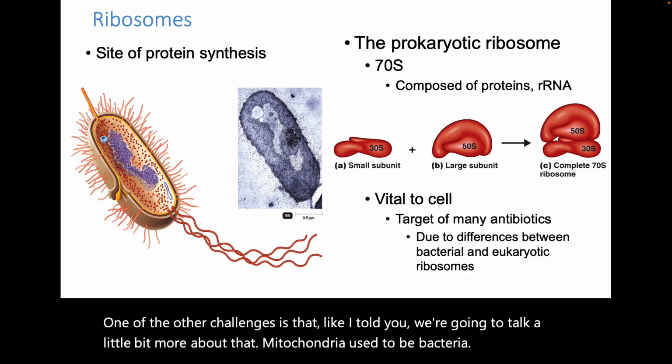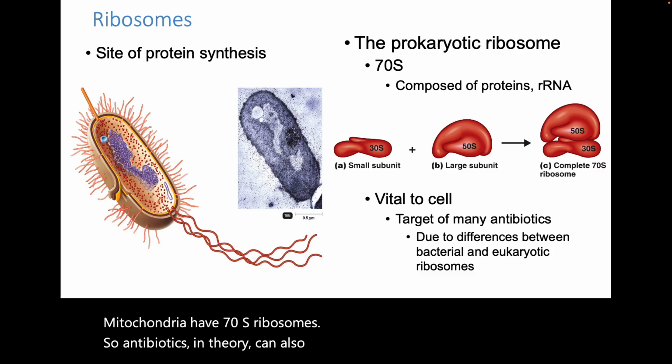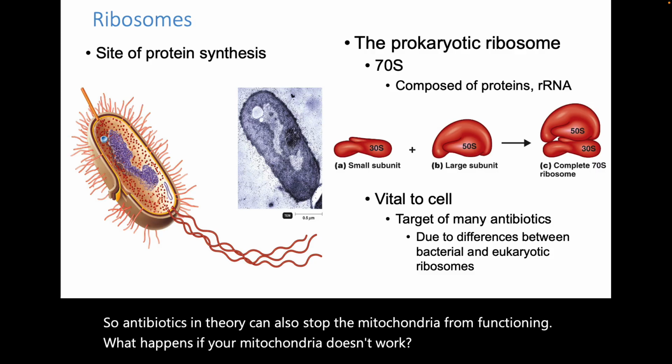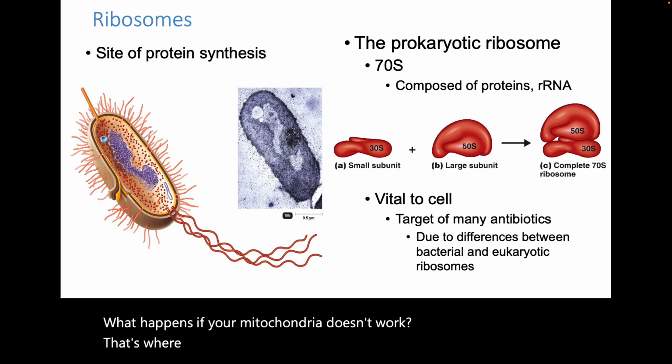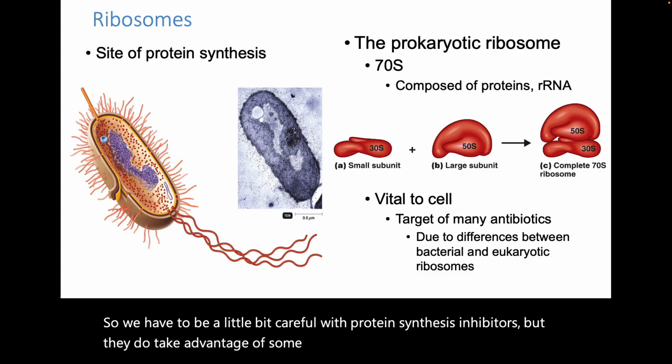Mitochondria have 70S ribosomes. So antibiotics, in theory, can also stop the mitochondria from functioning. What happens if your mitochondria doesn't work? You die. That's where you make your energy. So we have to be a little bit careful with protein synthesis inhibitors, but they do take advantage of some of those differences.